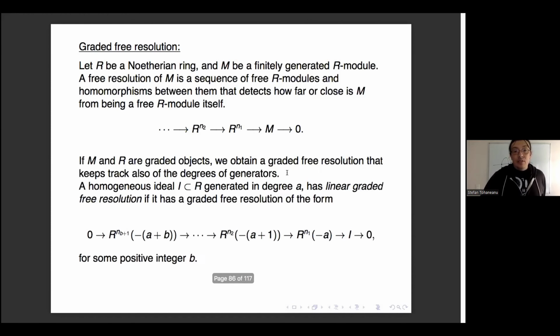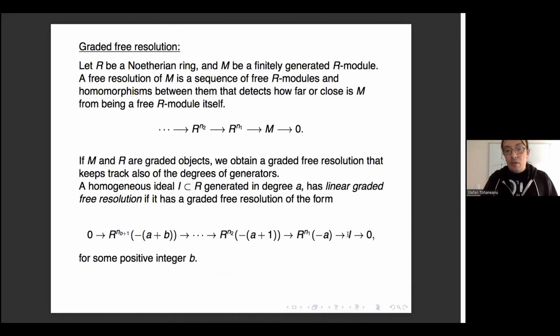and that's when we obtain graded free resolutions. We say that a homogeneous ideal generated in degree A has a linear graded free resolution if it has a free resolution of this form. Let me explain.